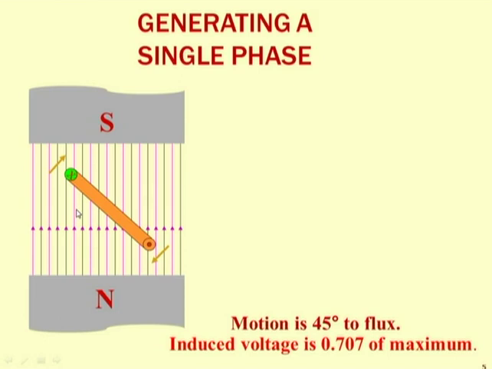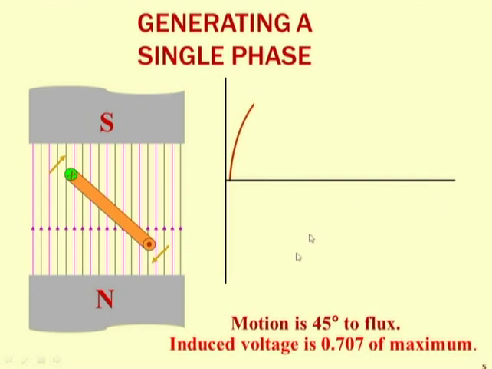If the peak value of the voltage is 1, then we are reaching 70.7% of the maximum voltage, and our graph of the voltage will be like this. Here this value of the voltage is 0.707, and this is the phase, that is equal to 45 degrees.